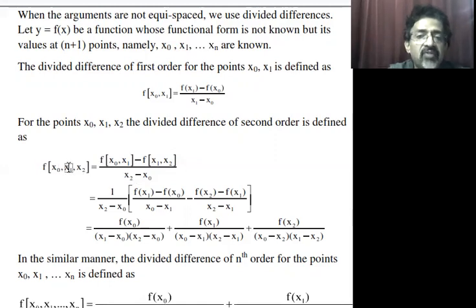That is 1 by x2 minus x naught times f of x1 minus f of x naught over x1 minus x naught, minus f of x2 minus f of x1 over x2 minus x1.